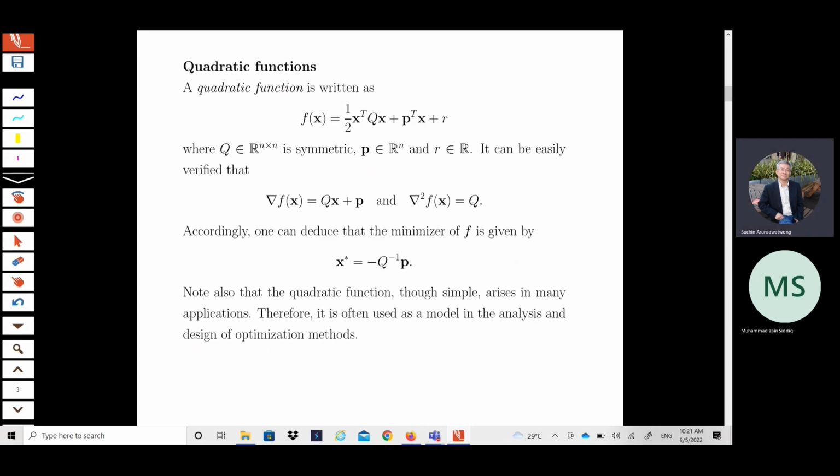Now with the quadratic function, f(x) is equal to 1/2 x transpose Qx plus p transpose x plus r. R is a real number, p is a vector, and Q is a symmetric matrix. We know that when Q is positive definite, the function f is convex. From homework number 2, problems 1 and 2, we use the result to show that when Q is positive definite, the function f is convex.